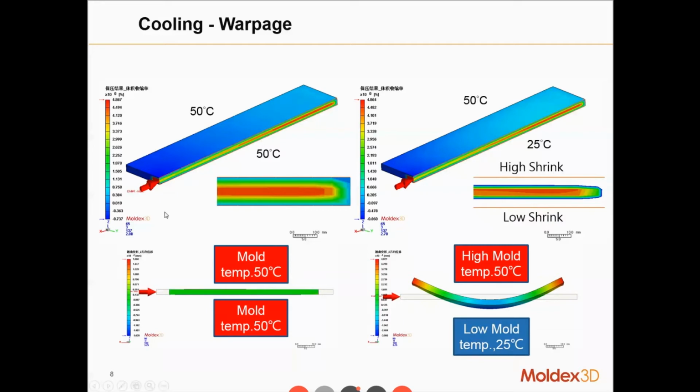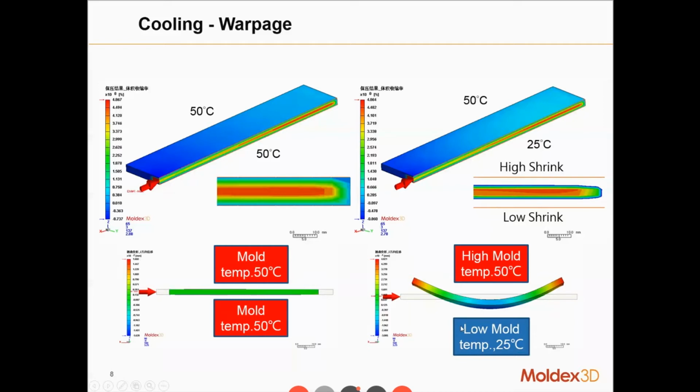Now, let's go to warpage. What you see now is that I set the mold temperature to be the same for the upper mold half and the lower mold half, at 50 degrees, to ensure the shrinkage inside the part is uniform.